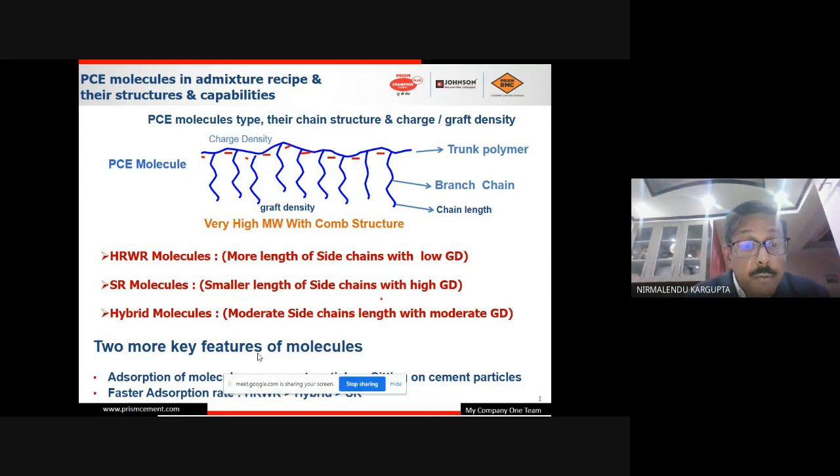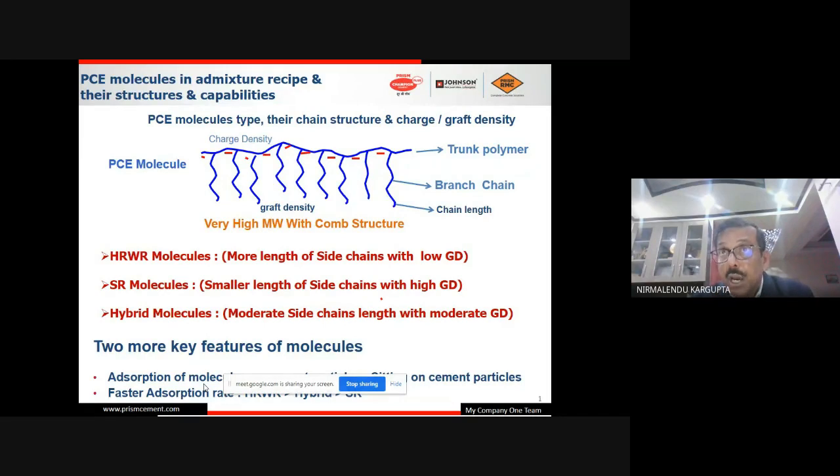There are two more key features of the molecules. First, adsorption of the molecule. I already discussed that it is adsorbed like this, not absorbed. This is adsorption, and it imparts negative charges to the cement particles.